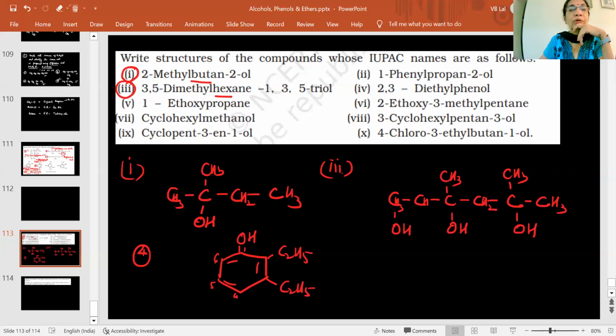Okay. Now cyclohexyl methanol. So how will I write the seventh one? This is the seventh one. What is methanol? CH3OH. Cyclohexyl means on this first carbon atom, instead of hydrogen, it is a cyclohexyl group.